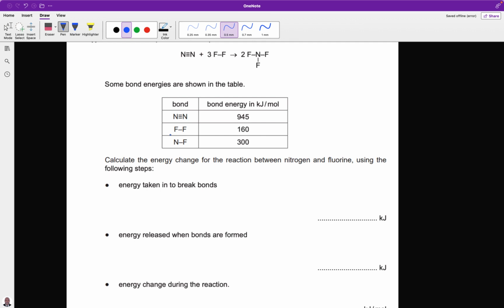So for reactants, we have bond breaking. We will have nitrogen, 3 bonds, plus 3 F.